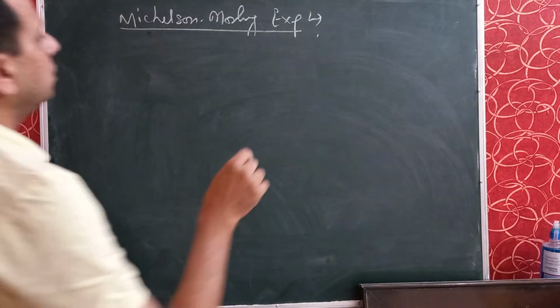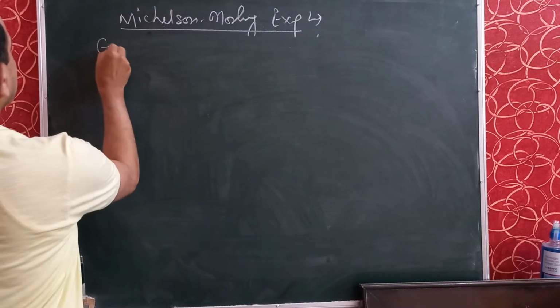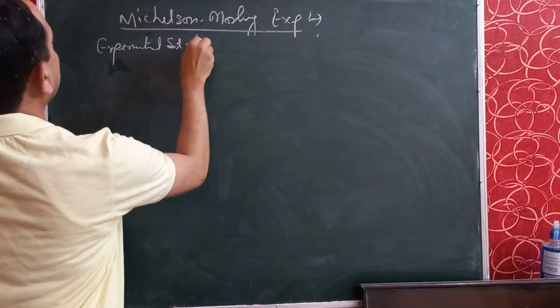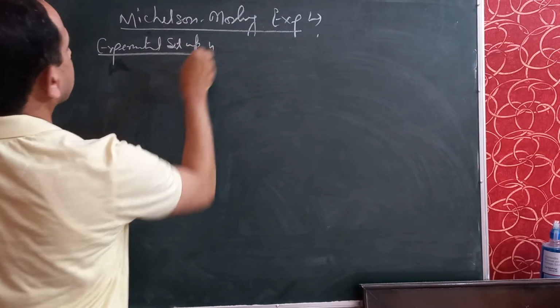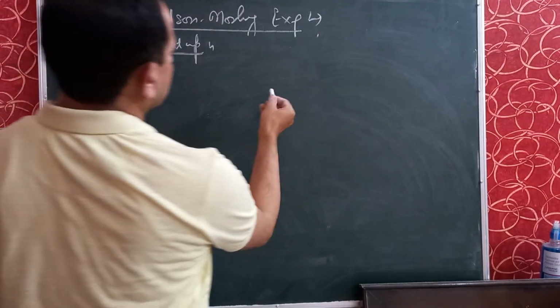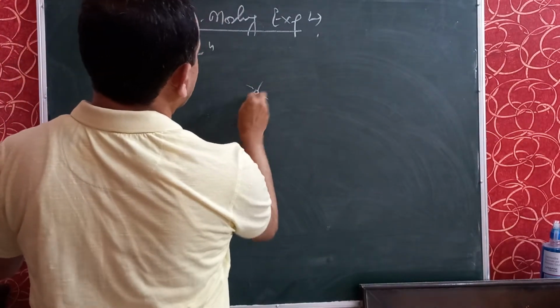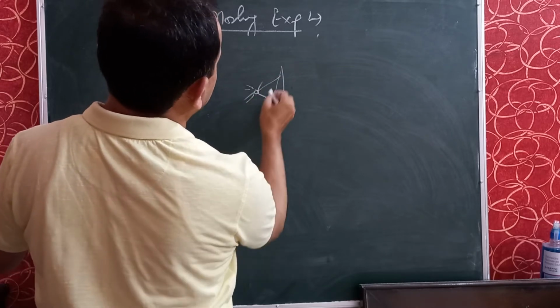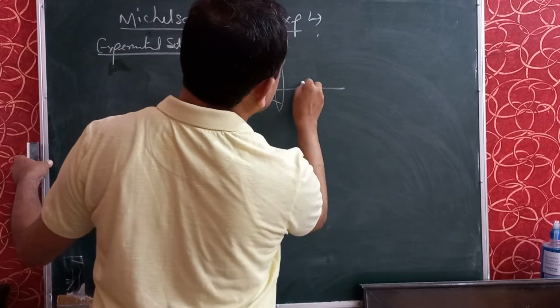That is, there is an experimental setup. There is a source of light from here, and we put a lens in front of it to get a sharp beam of light.